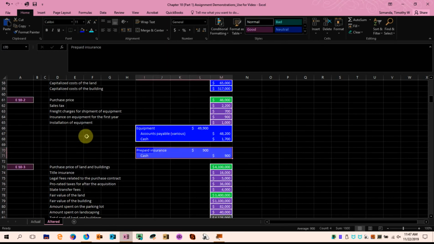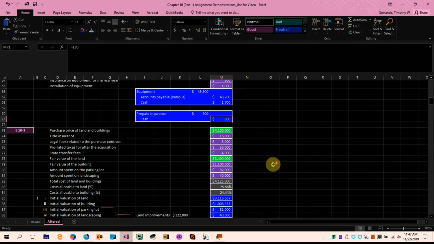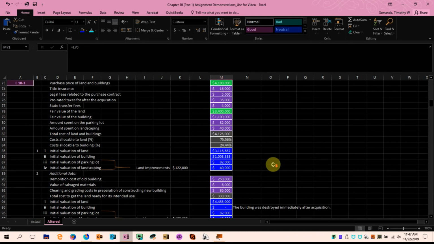And don't forget that you did in this transaction pay for some insurance going forward. So that insurance would be expensed as used up throughout the term of the insurance contract. But at least at this point, we have a prepaid asset, so we have not had the benefit of any of the insurance protection at this point, and then we credit cash for the amount of the policy premium.